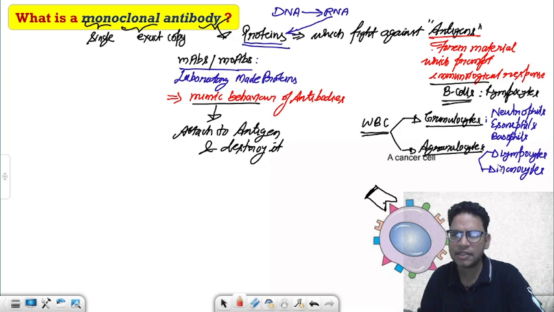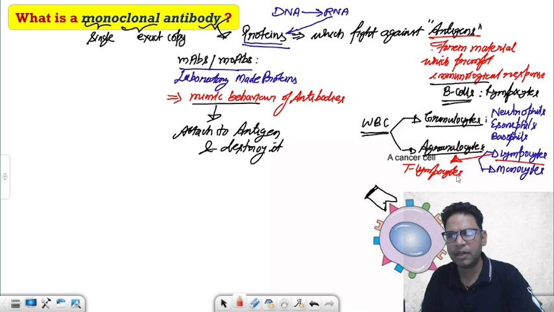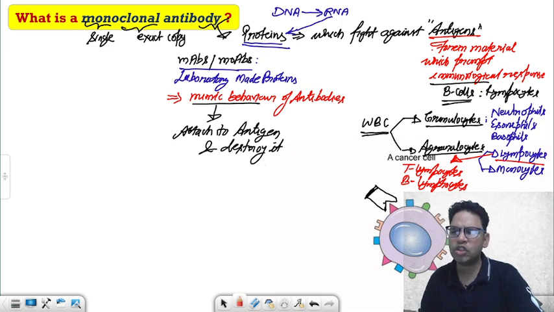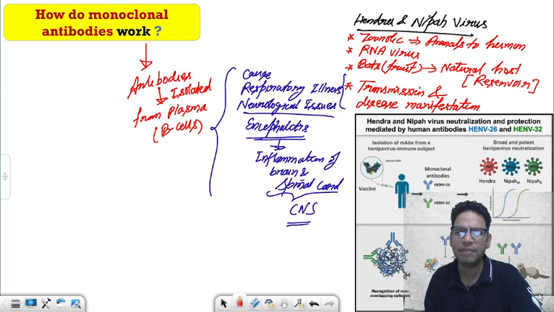Lymphocytes are basically of many types. For example, T lymphocytes are helpers. B lymphocytes, what they actually do is make antibodies, right? B lymphocytes are found in WBC, and also in blood plasma, and from blood plasma they are isolated.